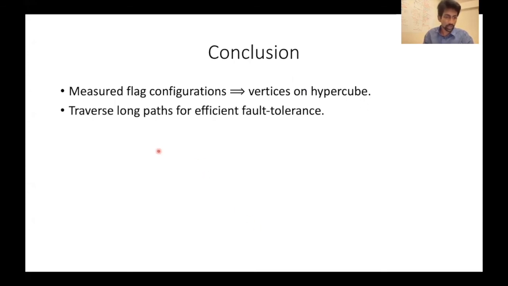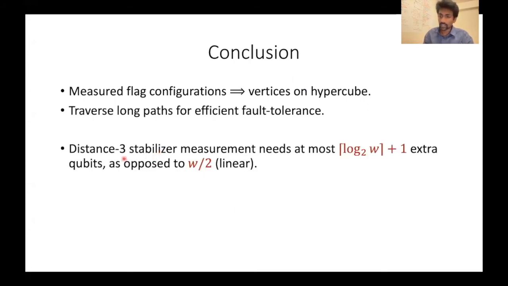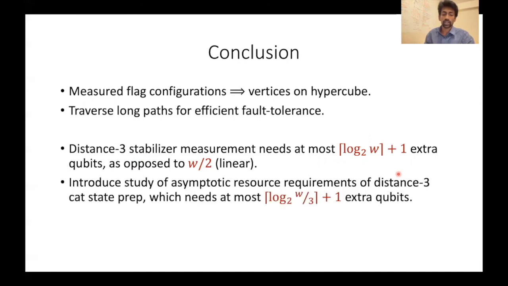The results we've accumulated are as follows. Distance 3 stabilizer measurement now needs at most log W plus 1 extra qubits, as opposed to the W by 2 linear overhead of the previous existing protocols. And we also introduced the study of asymptotic resource requirements of distance 3 cat state preparation, which needs at most log W by 3 plus 1 extra qubits.